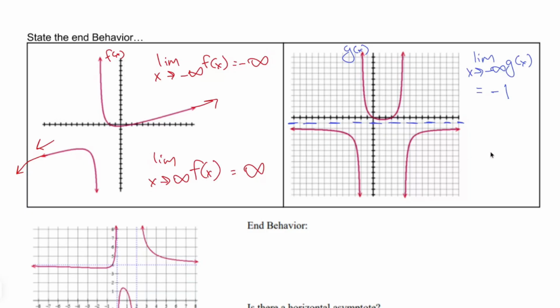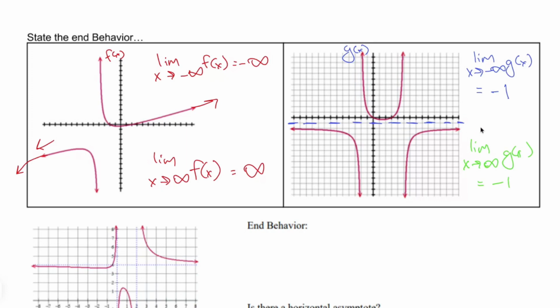Similarly, the limit as x approaches positive infinity of g of x is asking us, where is this graph going as we move to the right forever? Well, it's heading towards this blue line still. So this is also going to be -1, because this blue line represents the function y equals -1.